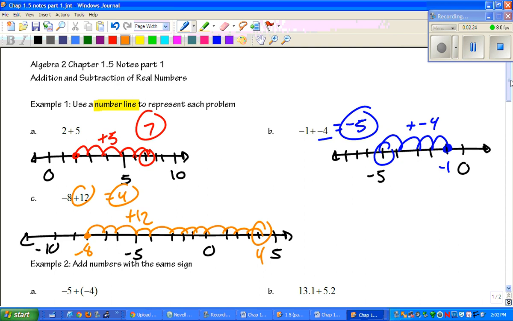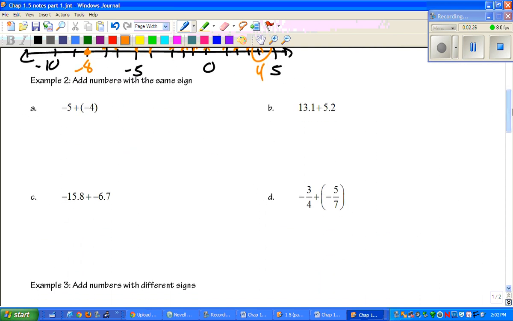Okay, let's move on to adding integers with the same sign. All right, so the key thing right here is that we are going to add, and when we add with the same sign, they're going to keep their sign. We do not change them.